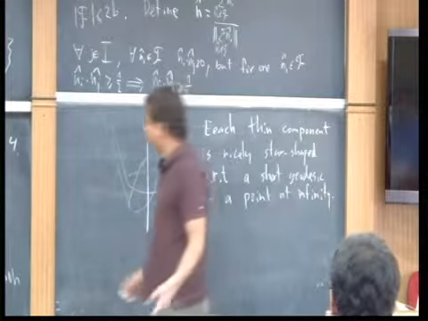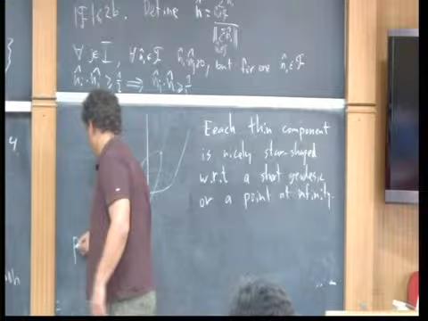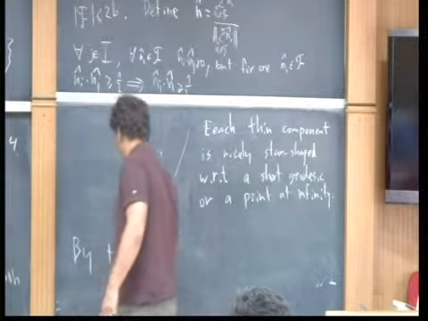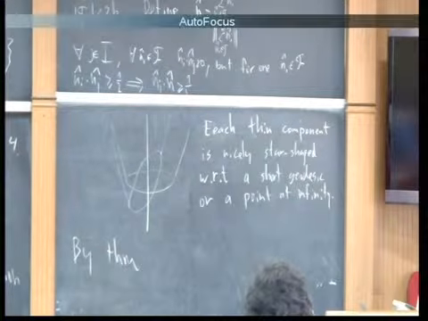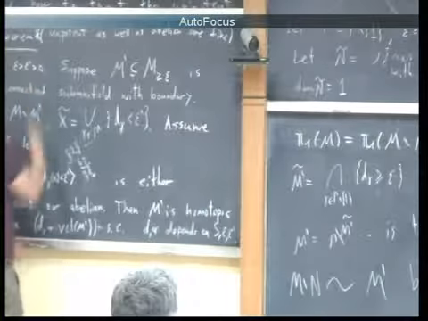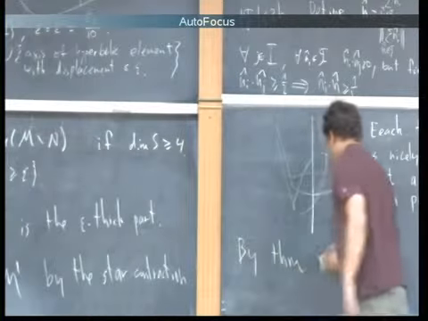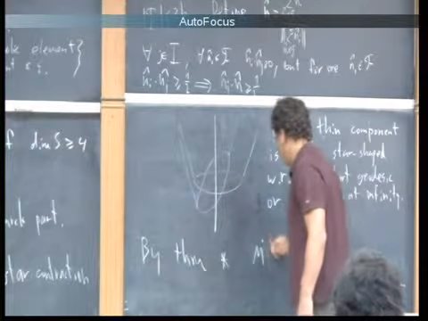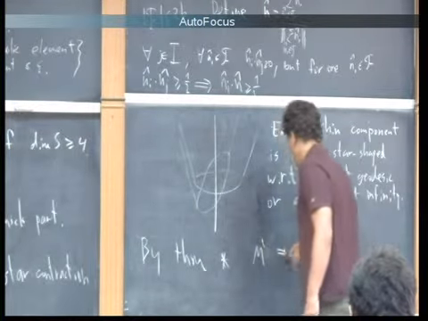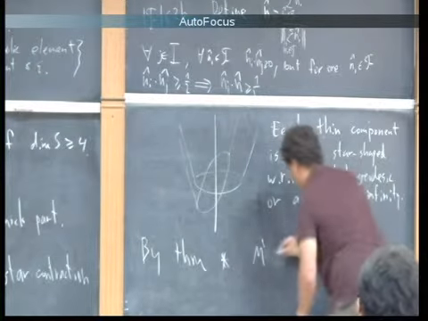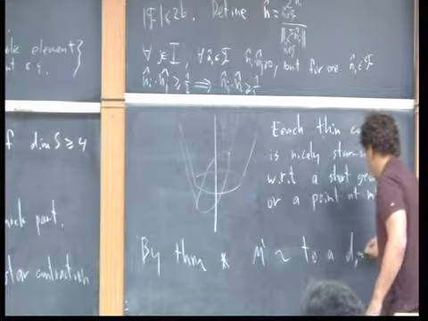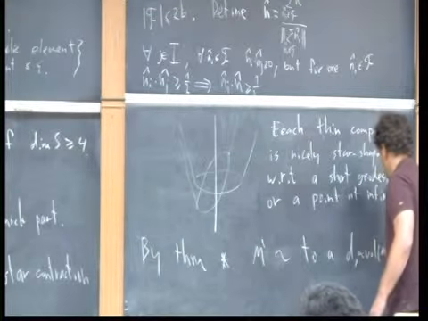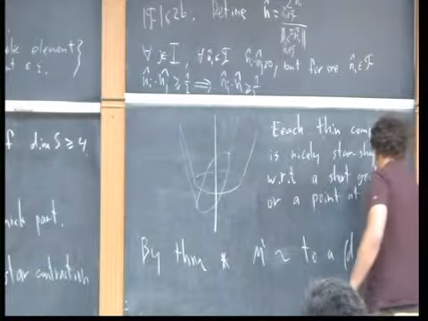Okay, and then by the last theorem, let's call it by a name. Let's for now just call it star. By theorem star, M prime is homotopic to M, and the volume properties hold.